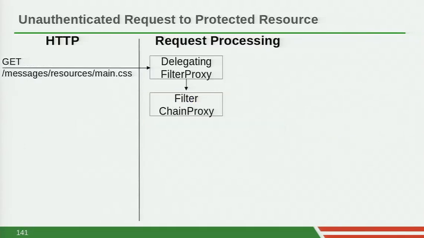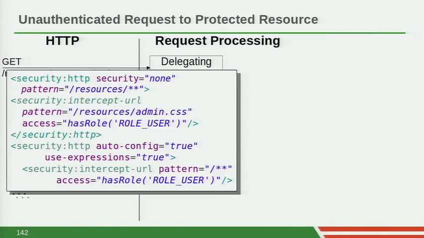Let's see what happens when we do a slightly different CSS request with a little different configuration than we saw earlier. So now we have two HTTP elements, and we introduced another intercept URL. So we aren't saying, actually that's incorrect. The security equals none should not be on there.